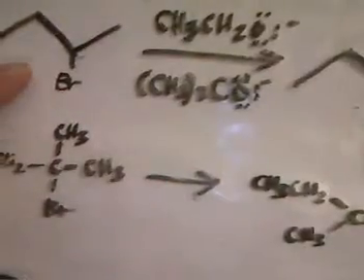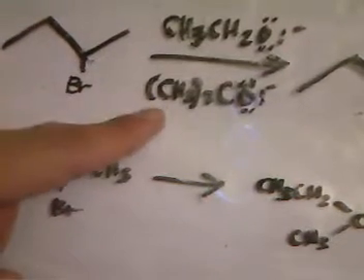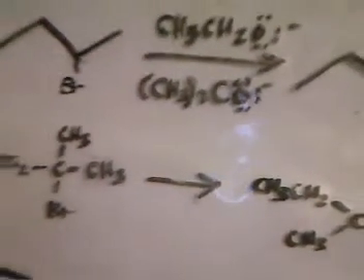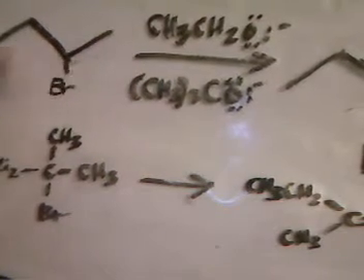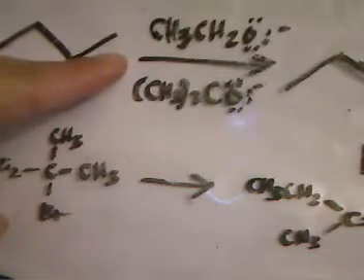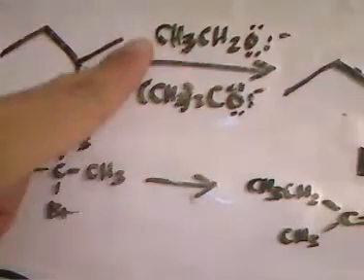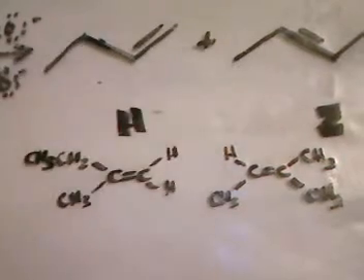If you're given a question where you have an alkyl halide and a base, and you need to determine the product that will result, now you know that when you have a non-bulky base, the Zaitsev product is favored, and that's the product you should indicate as your major product.